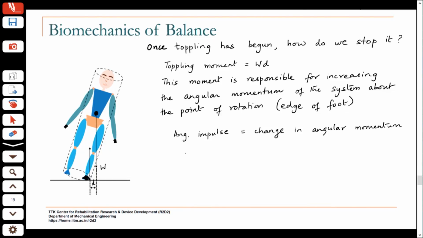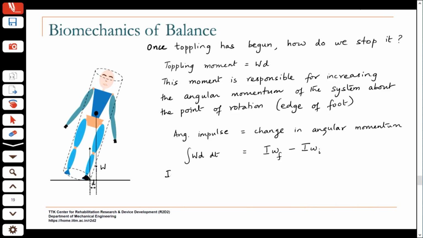So, this means the integral of W into d dt equals the moment of inertia of the system about that point, times omega final minus omega initial.